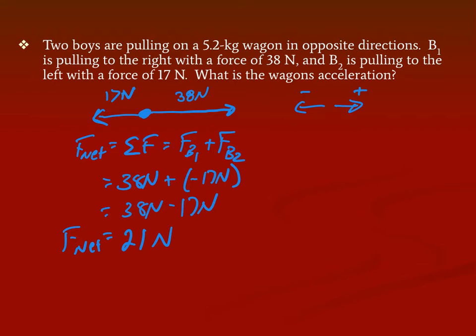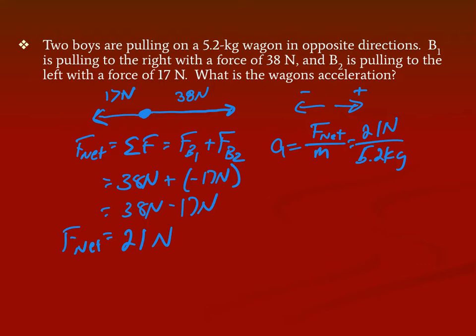Okay? We want the acceleration. We know that the acceleration is the net force divided by the mass, which is equal to 21 newtons divided by a mass of 5.2 kilograms, which, when we plug this into our calculator, gives us 4.04.